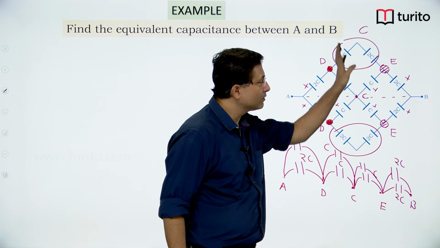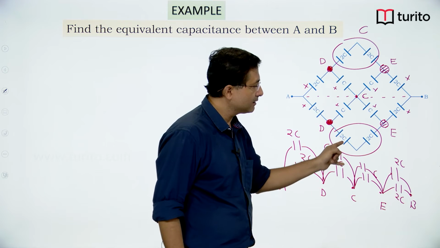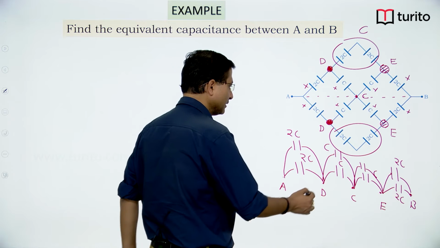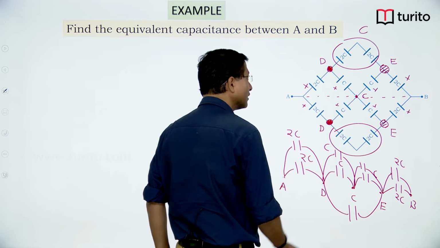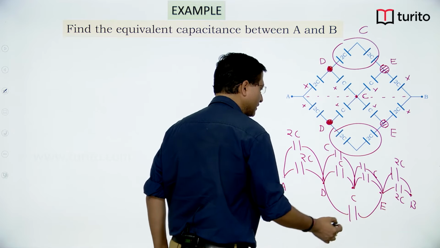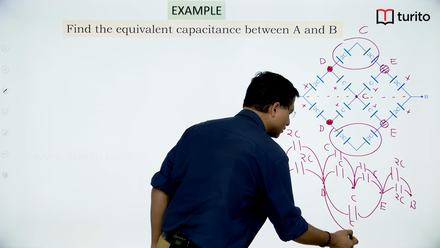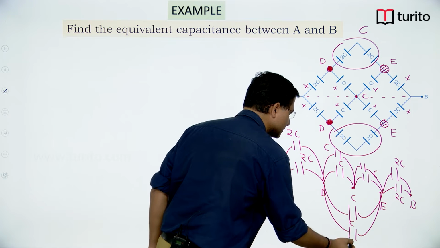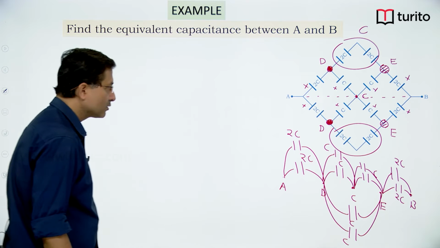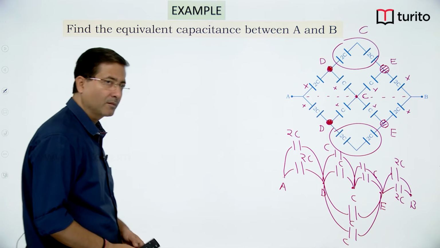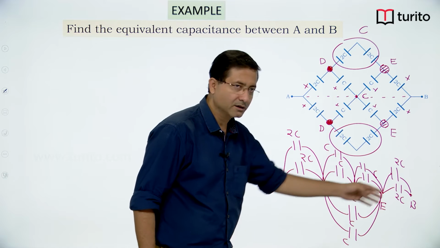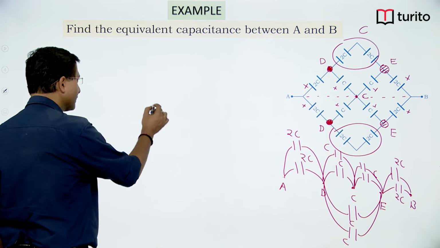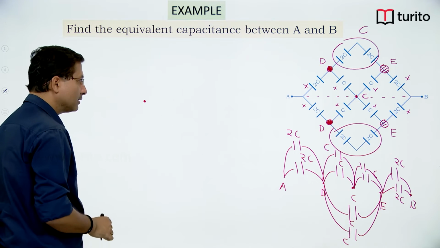Between D and E, one C, between D and E, another C. So, D and E, here one capacitor of capacitance C in combination and one more capacitor of capacitance C in combination. So, now I can see 4C, 2C, 2C, 4C. Let us draw it again separately.